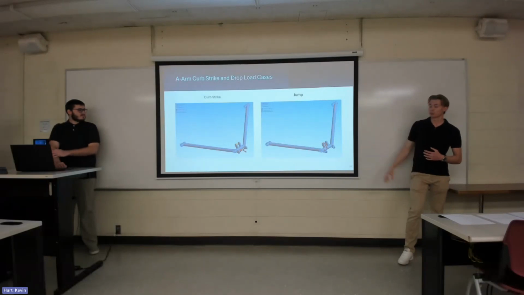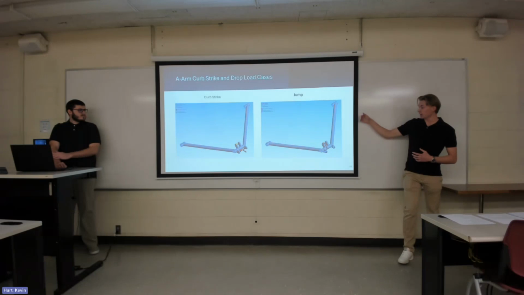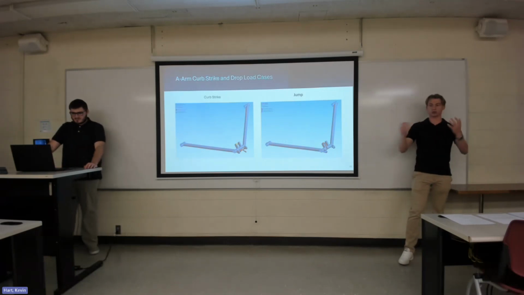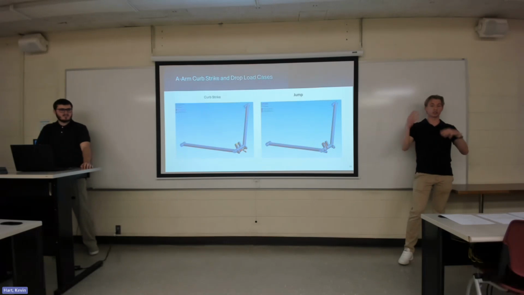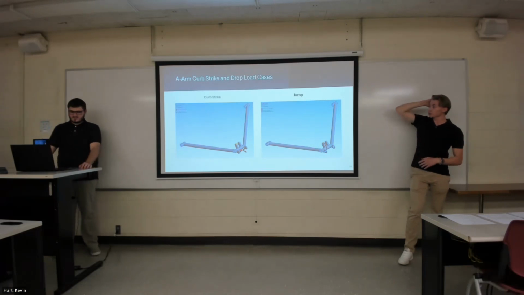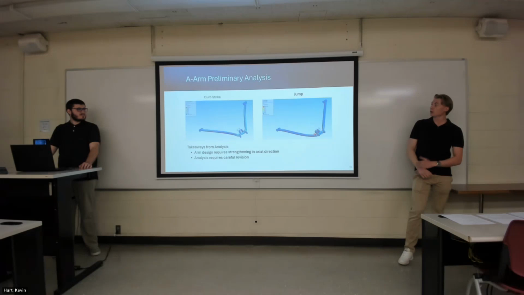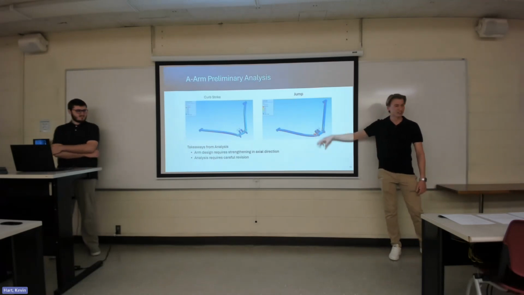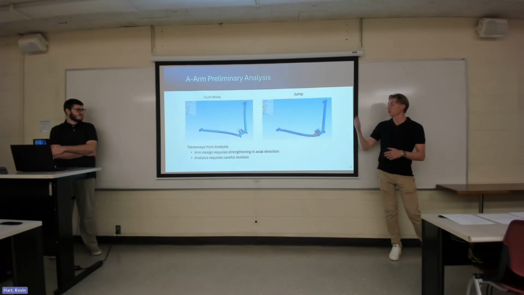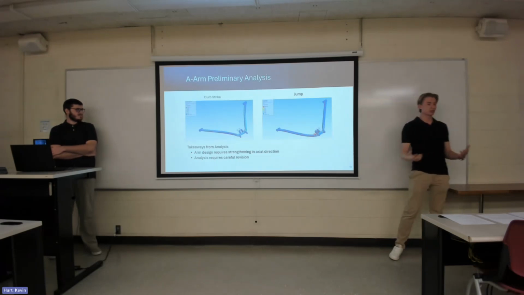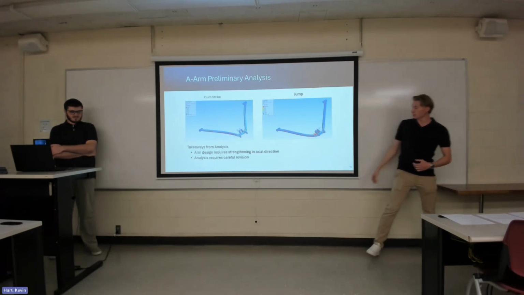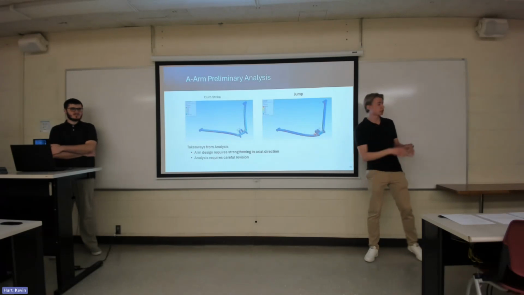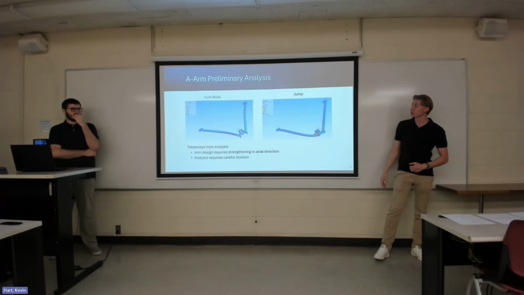In terms of the jump, we've analyzed that load case at the reaction force of the spring when the suspension system goes under compression due to that jump. And here's how the results turned out. You can't really see where those maximum stresses are actually hitting, but one thing I wanted to note about these preliminary analyses is that we're getting primarily stress concentrations at the fillets meant to approximate the welds.